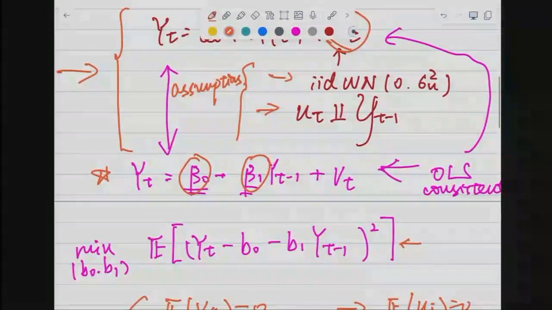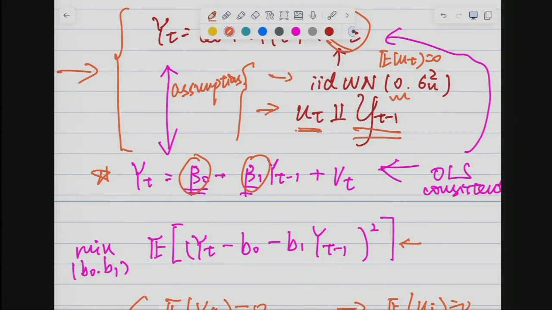And clearly, we have that. Given it's assumed to be mean 0, we will have the expected value of ut being 0. And that the error term is independent of all past information of y, which is the strongest form of no relationship. That immediately tells us the covariance between ut and yt minus 1 is 0.